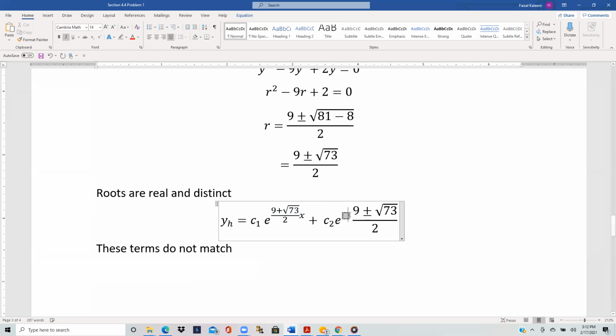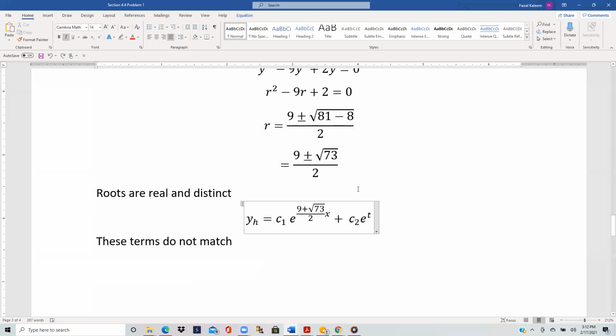Okay, undo. This will be an x. And 9 minus square root 73 by 2.